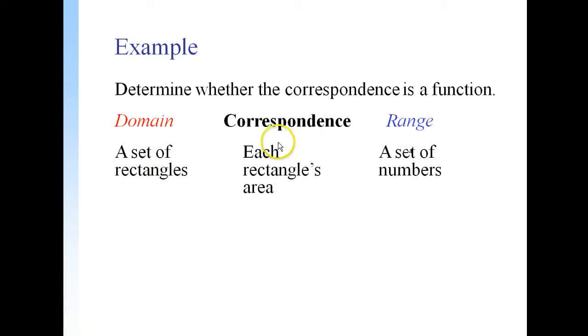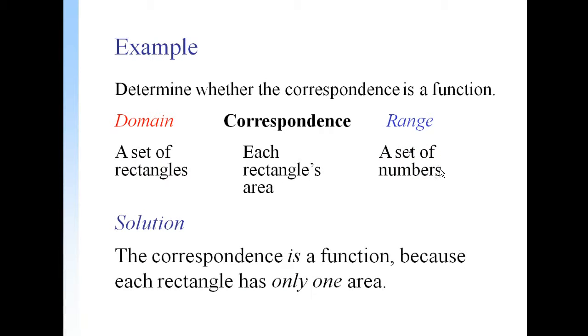Would this be a function? Think about it for a moment. Well, these are individual rectangles, so their areas make up, in a sense, a function relation, because each rectangle has only one area.